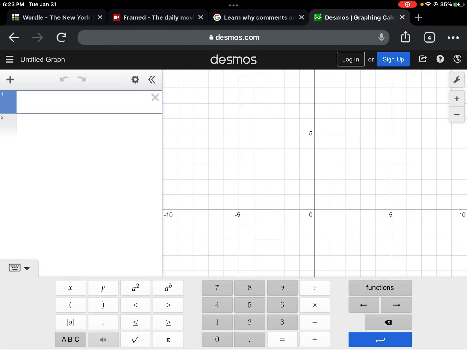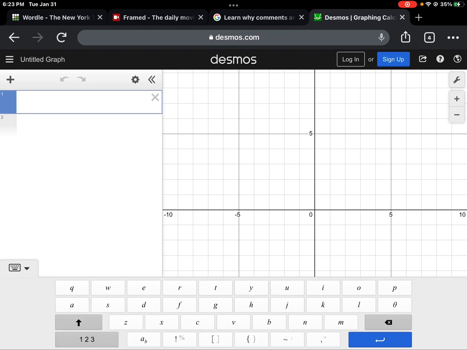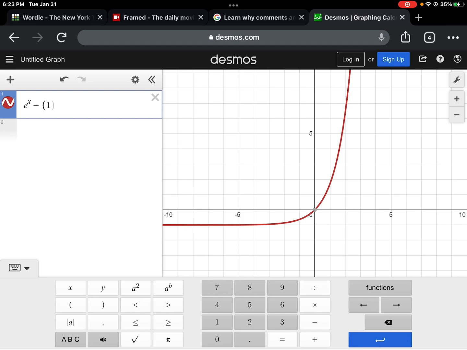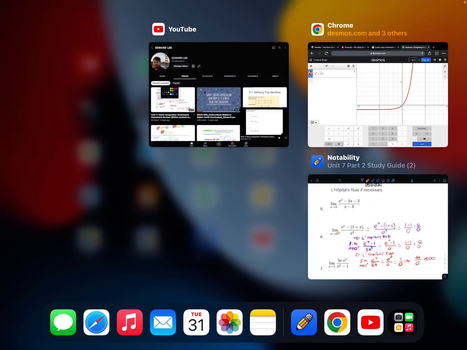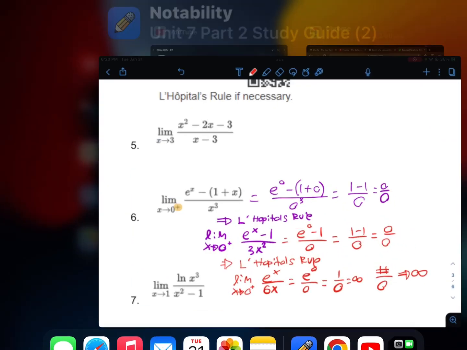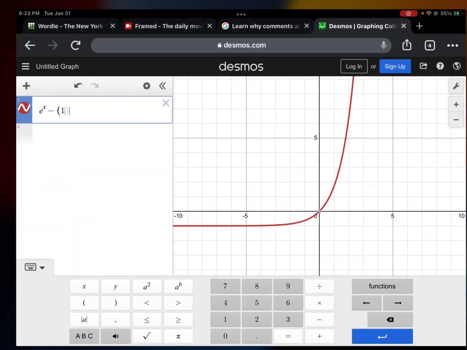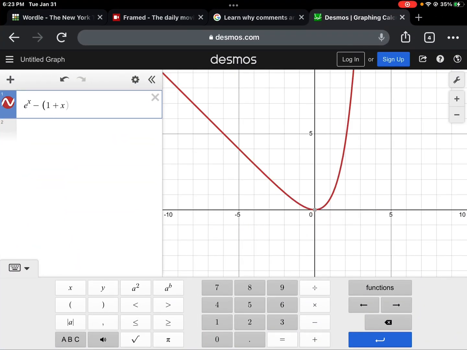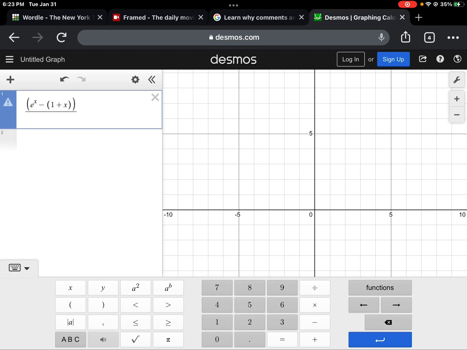Let's type this in: e to the power of x minus the quantity of 1 plus x, the entire quantity divided by x cubed.